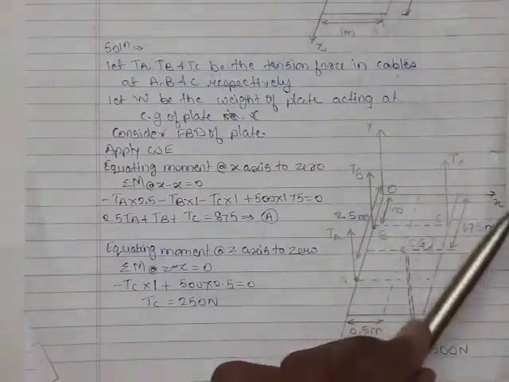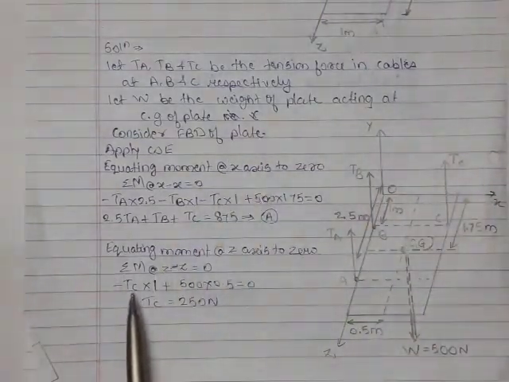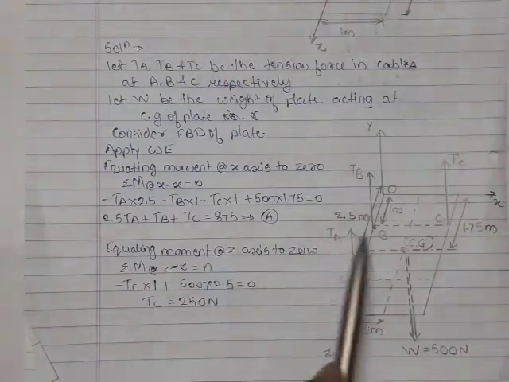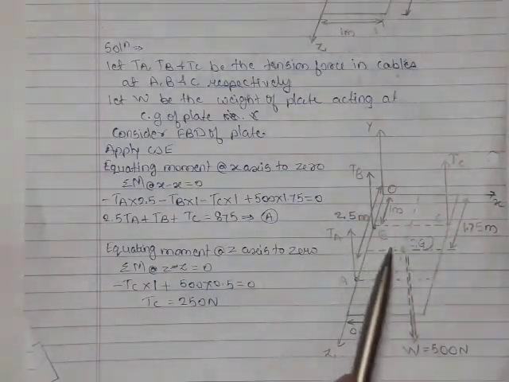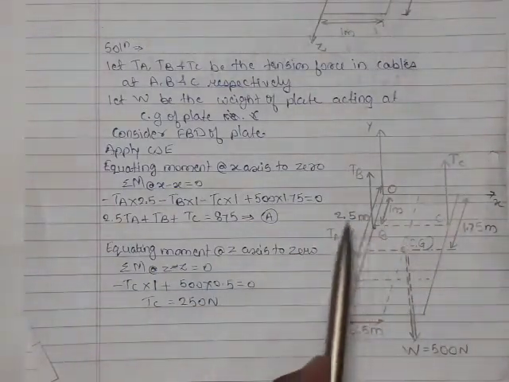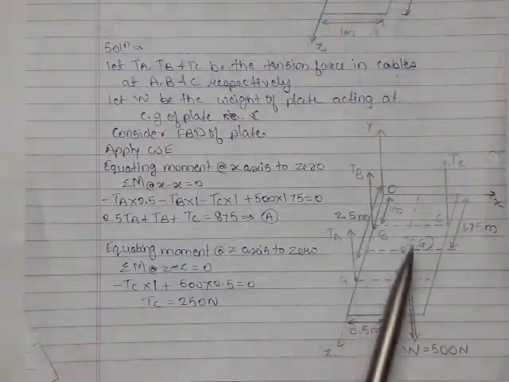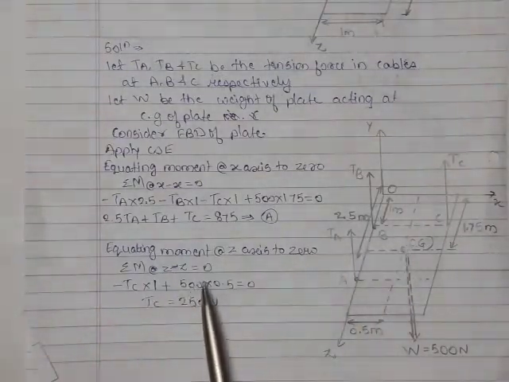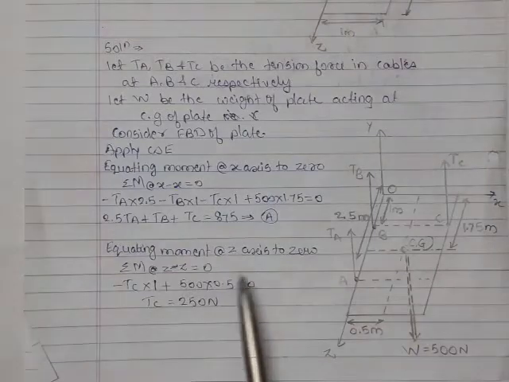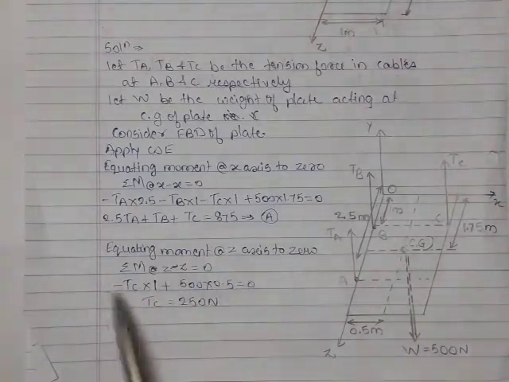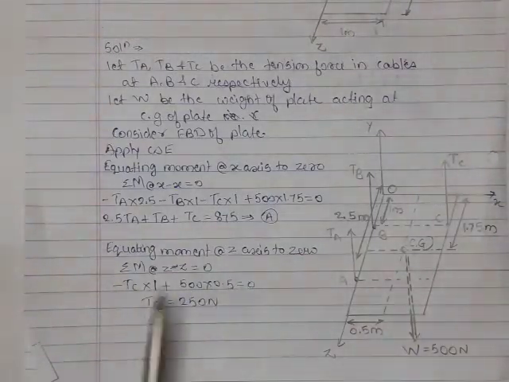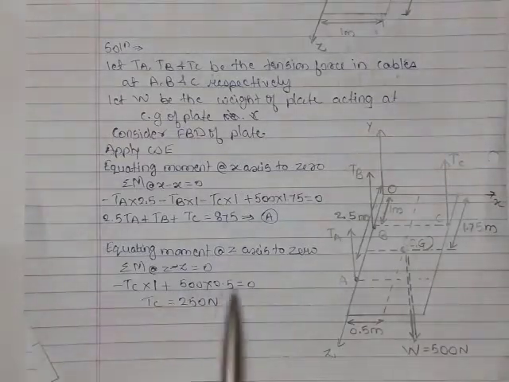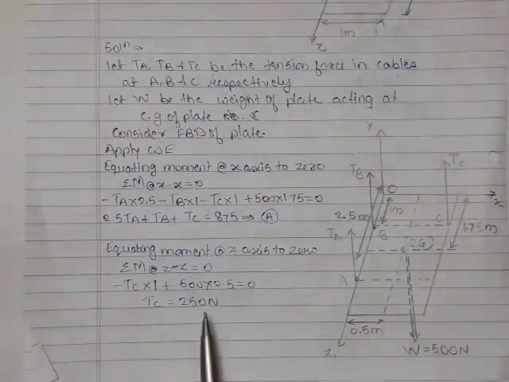It is going to create a negative moment about the Z axis, so minus TC at distance 1 meter. This 500 Newton weight creates clockwise moment at distance 0.5. So 500 force into distance 0.5, and this total equation is equal to 0. So finally we will get the value of TC from this equation equal to 250 Newton.